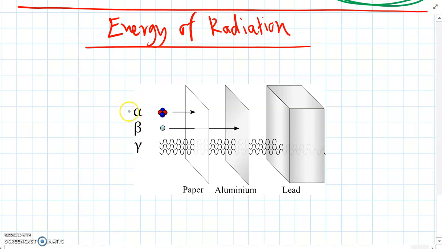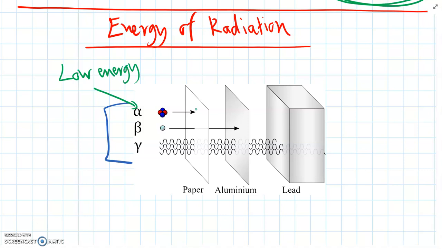And here's the energy level of the three different types of radiation here. Alpha particles, they have a pretty low energy. They fly through space, and as soon as they hit any kind of material, like paper, or just clothing, or the skin of your body, they'll get stopped, and they won't do any damage.